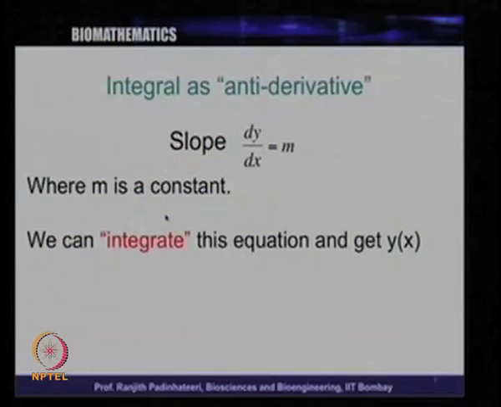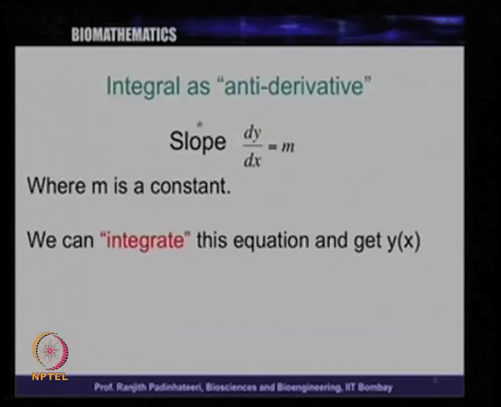That is something related to a straight line. Let us quickly go back and see what we studied in the last lecture. When we discussed integral, we said it is like an antiderivative.